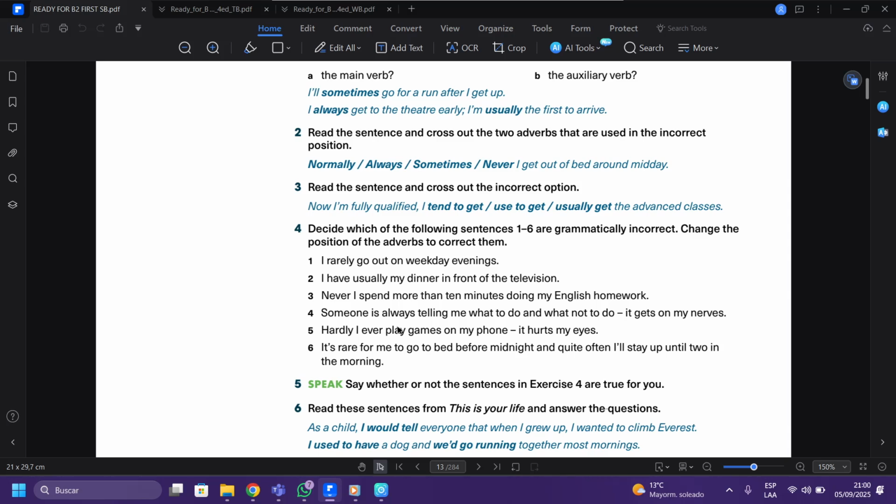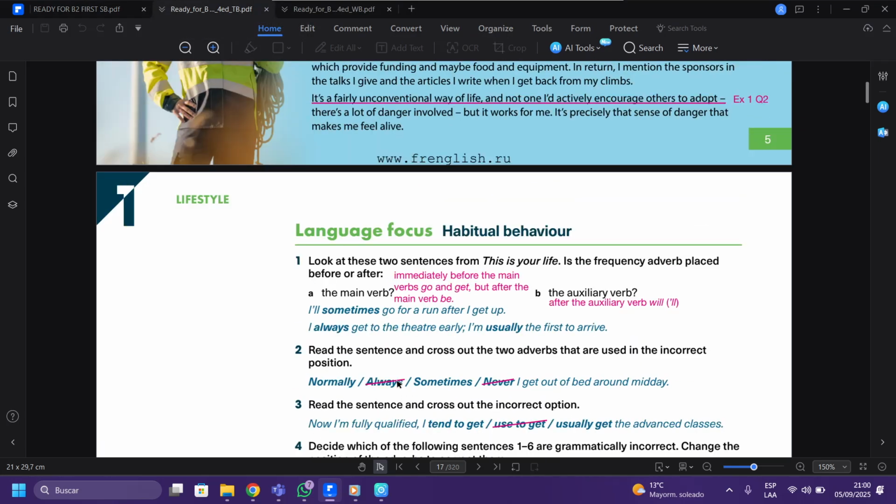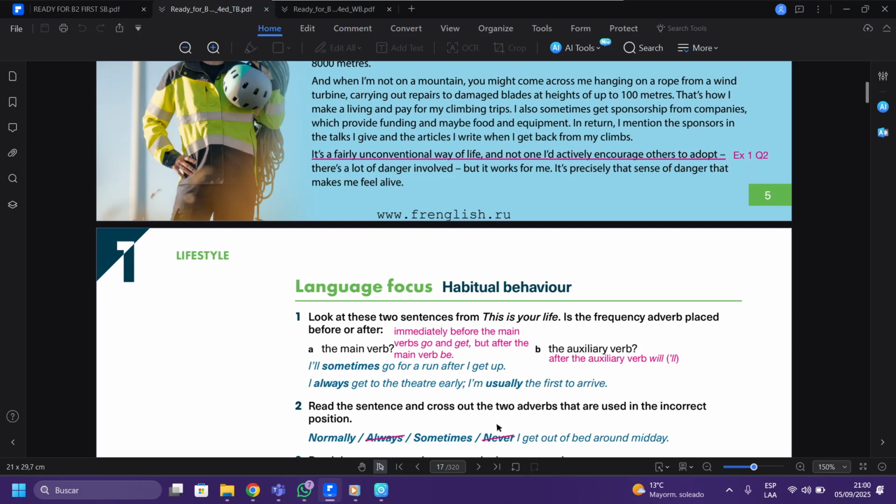Yes. And never, is it placed right? Or is it wrong? Those adverbs that are in the incorrect position are always and never, as you can see here.